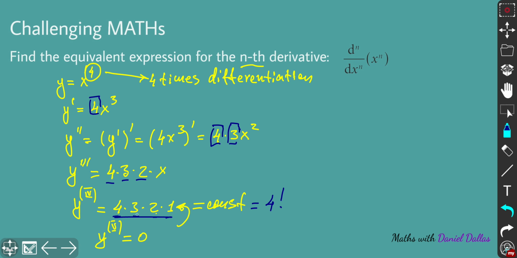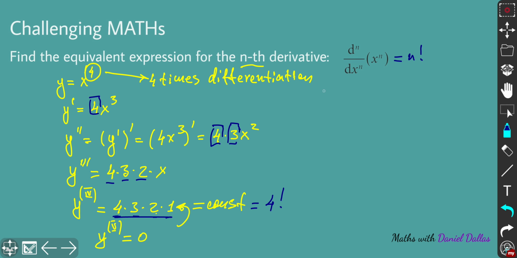Factorial is just the product of all natural numbers from your given one down to 1, consecutive natural numbers. So obviously you would expect to have n factorial in the end. This is an alternative, equivalent expression for the nth derivative.